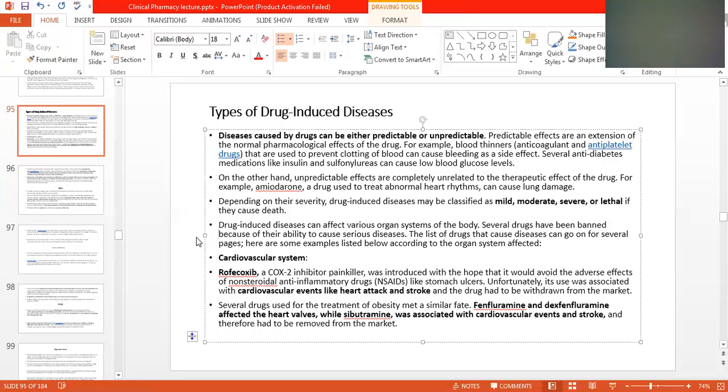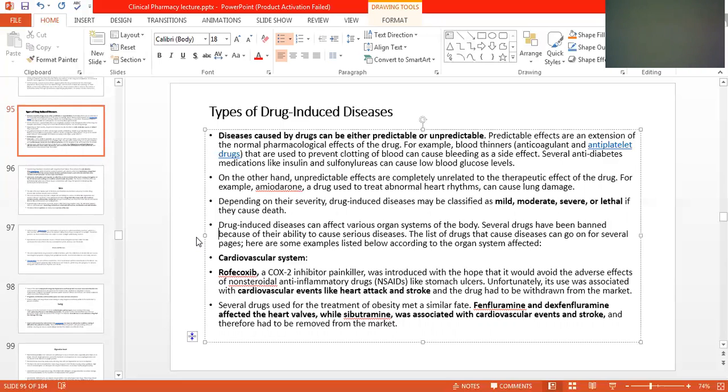It means there are certain drugs which affect a particular organ or system. For example, in the cardiovascular system, rofecoxib is a non-steroidal anti-inflammatory COX-2 inhibitor painkiller. It was introduced with the hope that it would avoid the adverse effects of non-steroidal anti-inflammatory drugs, NSAIDs, like stomach ulcer.